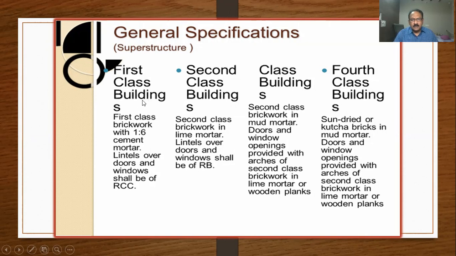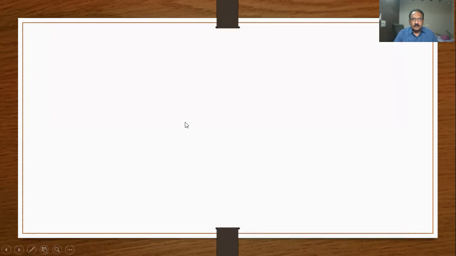In first class buildings, generally the cement mortar we use in brickwork is 1:6. In second class, we'll use 1:8. Like that, for third class and fourth class, generally the cement mortar ratio decreases. Okay, this is superstructure.